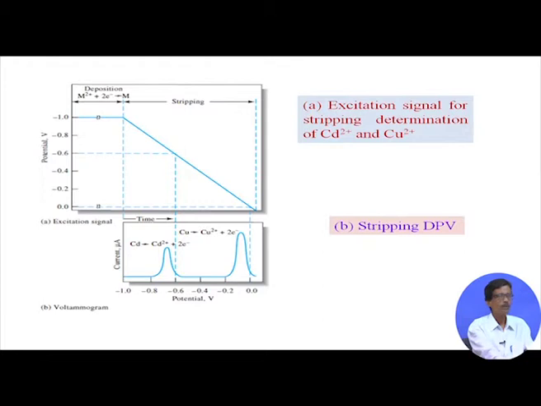This is also known as pre-concentration, because pure forms of cadmium and copper are deposited on the electrode surface, whether the solution is a polluted water sample or an industrial effluent sample. You then get the pure amount of copper and cadmium present in that solution, because you are showing electroactivity on the deposited pure forms of copper and cadmium.